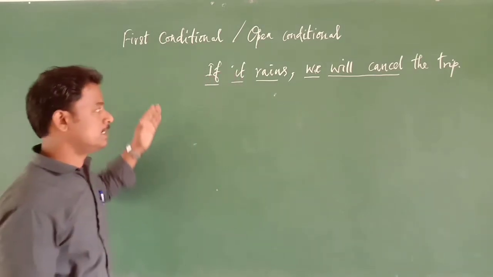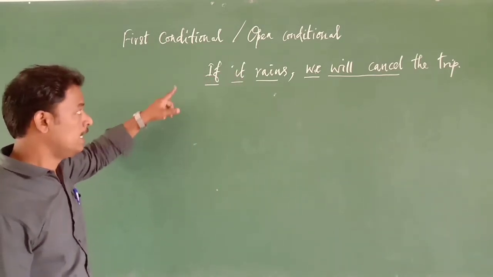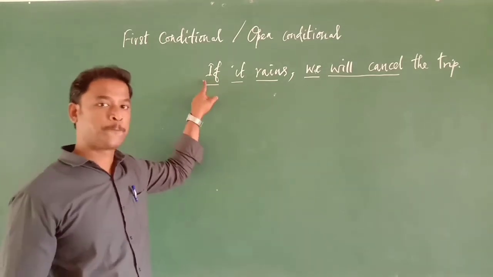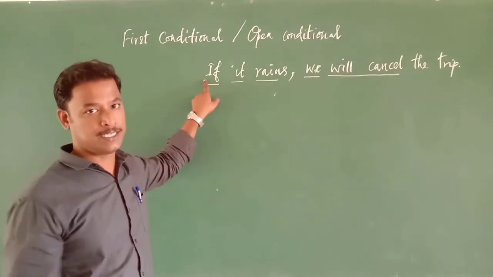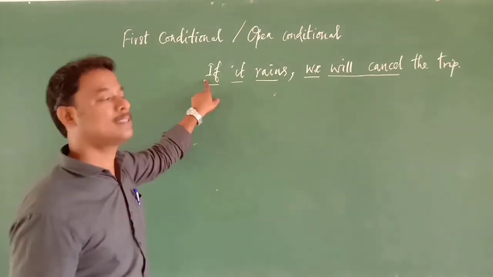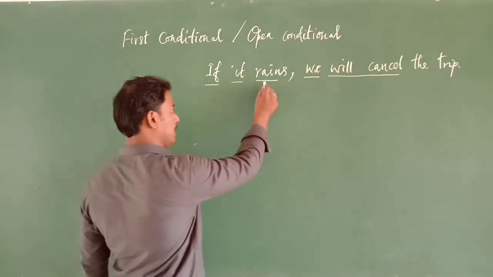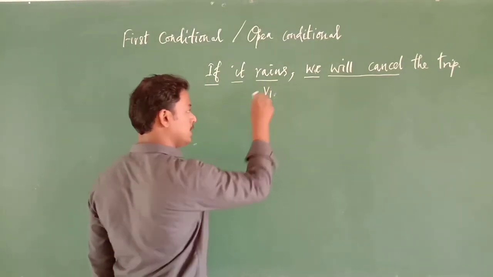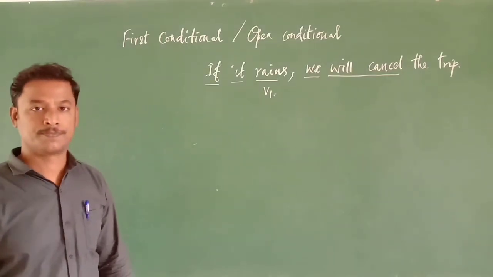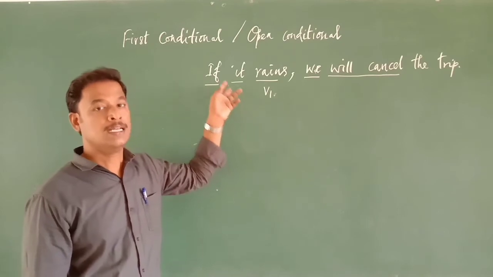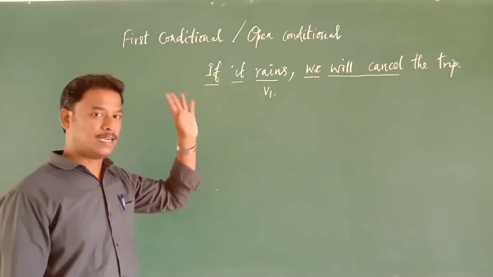So it is a complex sentence, and it has the subordinating conjunction if, which applies a condition. It gives you a rule and it tells you a necessary situation. It rains. Analyze the verb. It is in present simple. As this clause has a condition, this clause is called the conditional clause.